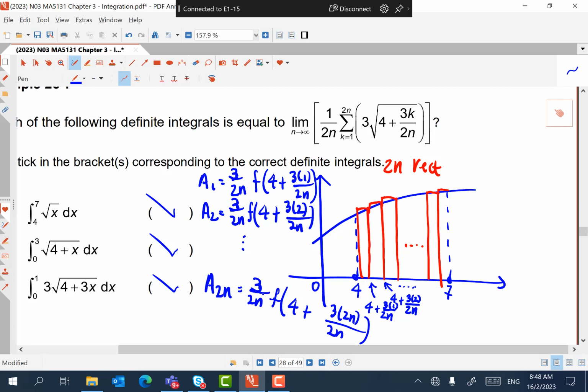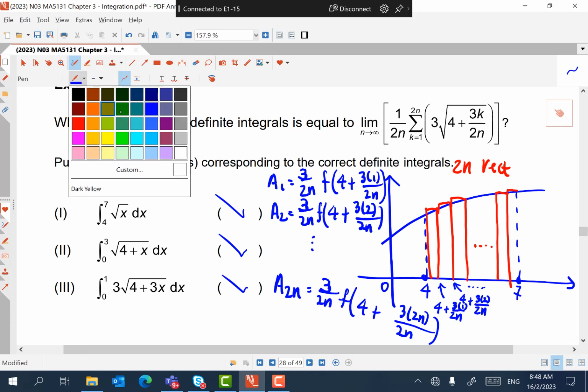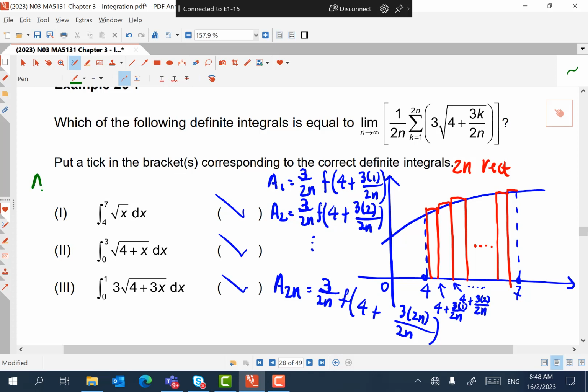So by adding up all the areas of the rectangles, what do you see? If you add up all the areas of the rectangles, the total area becomes 3 over 2n times the square root of 4 plus 3 times 1 over 2n, plus 3 over 2n times the square root of 4 plus 3 times 2 over 2n, and so on.